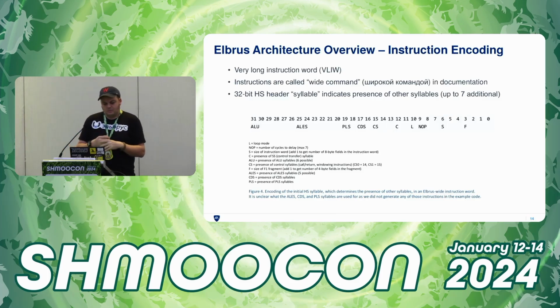We're mainly dealing with these ALU instructions, though there are a few other types of instructions I can see here. Basically all these fields are flags that show whether there are instructions that target these other execution units.